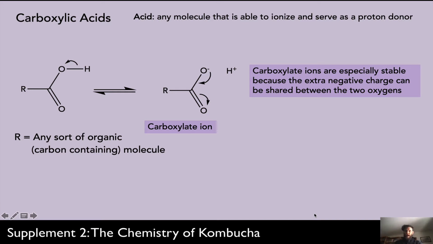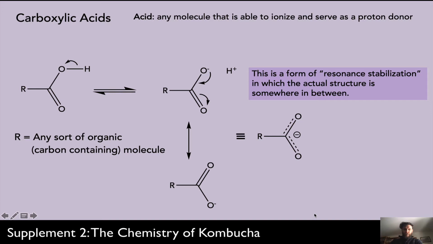This carboxylate ion, the reason it likes to be in this form is because it's particularly stable. And it's stable because this negative charge that is on the oxygen, that oxygen doesn't have to carry it all by itself. It's able to spread those electrons out into the bond that it has with the carbon and sort of push electrons away from the carbon onto the other double bond O. And it is in resonance.